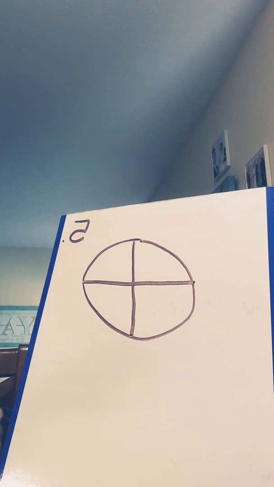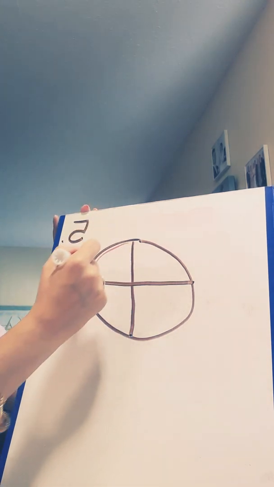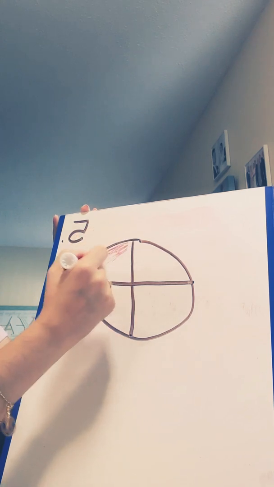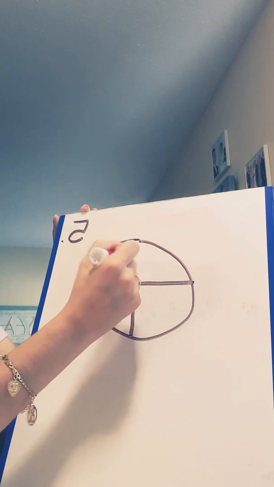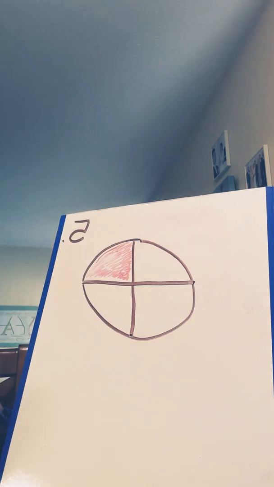So I'm going to color a fourth of, means I'm coloring only one of those equal parts. Okay, there we go.